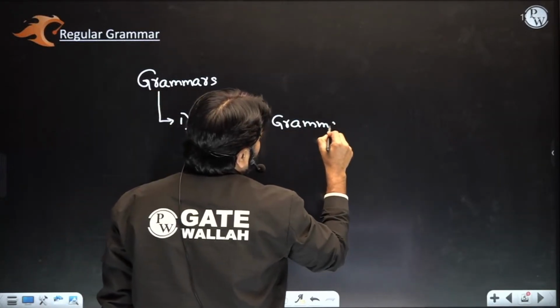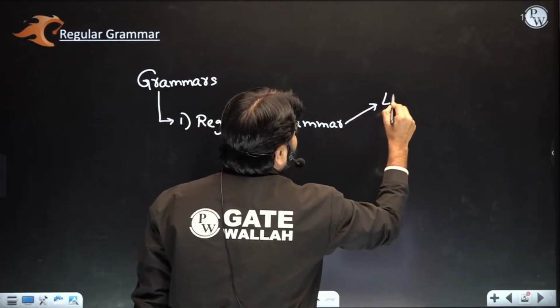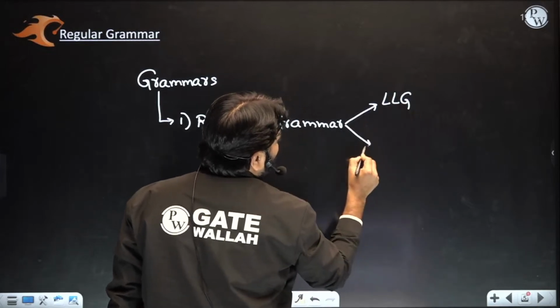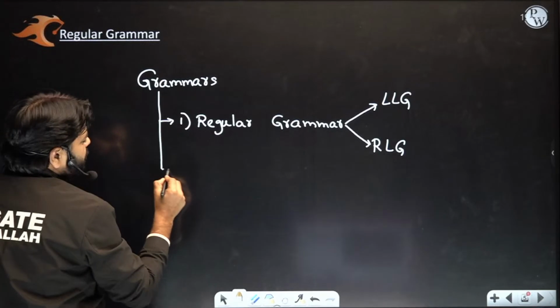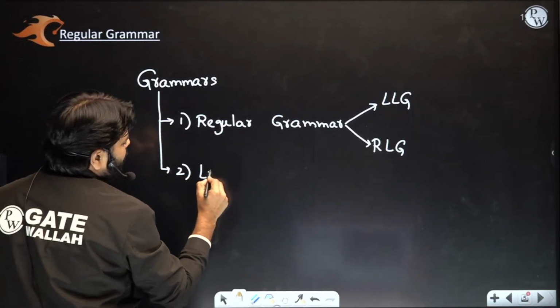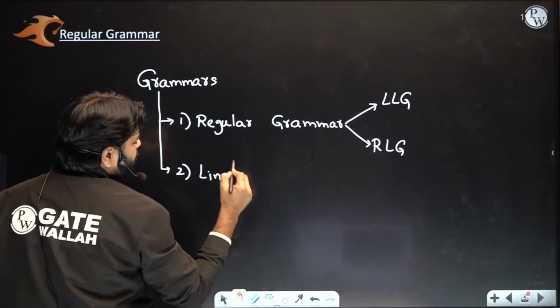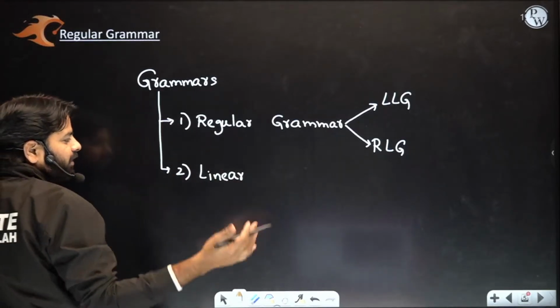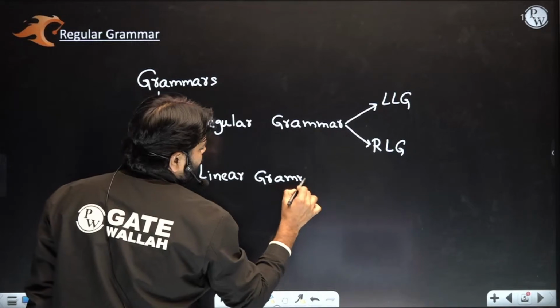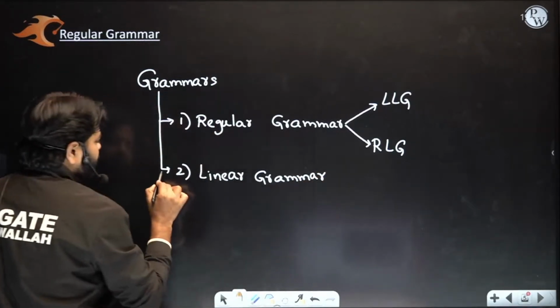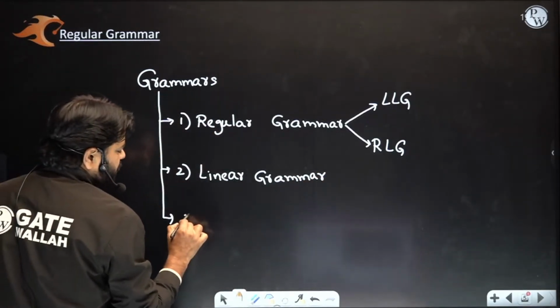One is the left linear grammar, another one is right linear grammar. The second type of grammar we'll see slowly in the next chapter when we go for context free grammars. There we'll be learning linear grammar also. So every grammar has a different set of productions.